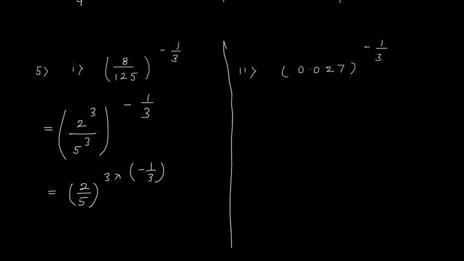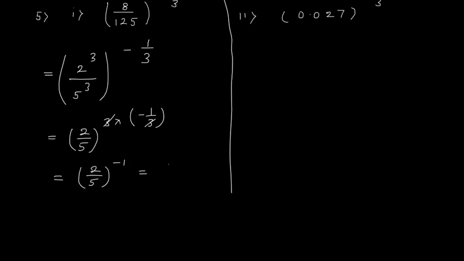This 3 and this 3 will cancel, and here I have 2 divided by 5 power minus 1. So I can write this as 5 upon 2, 5 divided by 2. So 2 upon 5 power minus 1 is 5 upon 2.